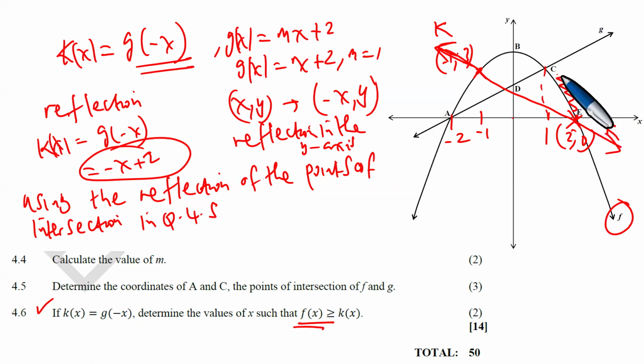So f is above k here. Where is it above? We can see it is above between minus 1 and 2. And that's the answer. We're interested in the values of x for which this is the case, and therefore it is between minus 1 and 2.